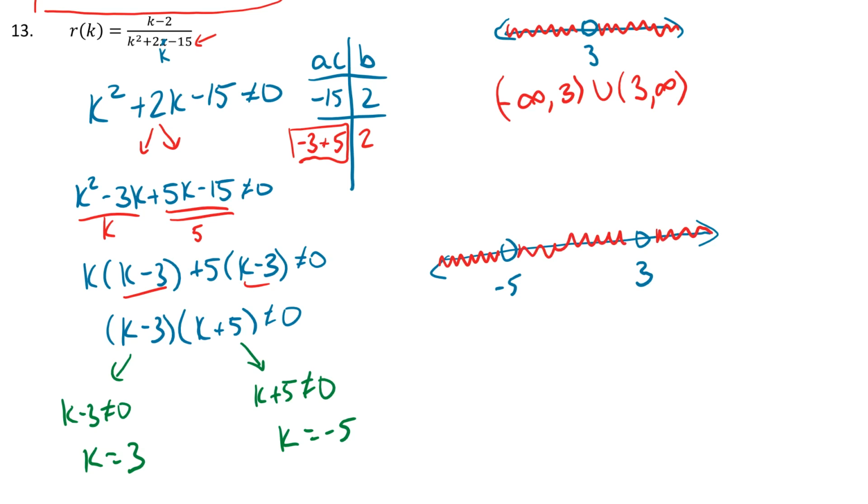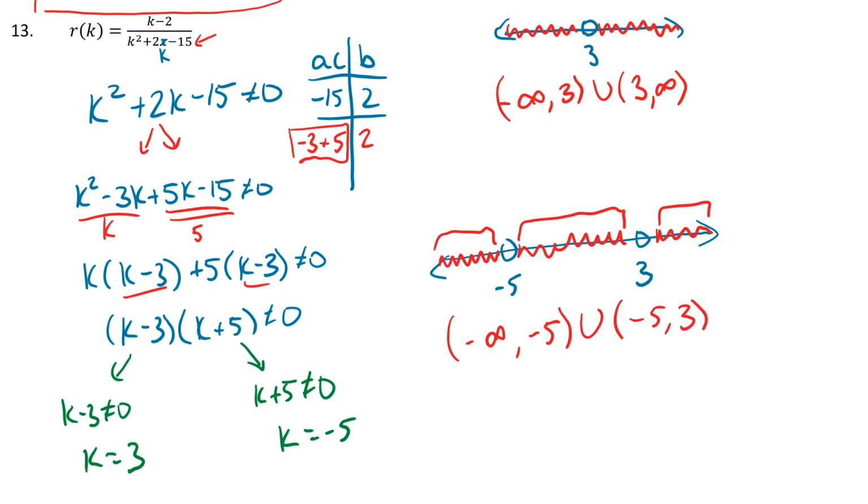Alright, so this time we have 3 different sections that we're going to need to write in interval notation. So that first section would be negative infinity to negative 5. Again, make sure that you are using parentheses for all of these. Unioned, the middle section goes from negative 5 to positive 3. Unioned with the last section that goes from 3 to infinity.